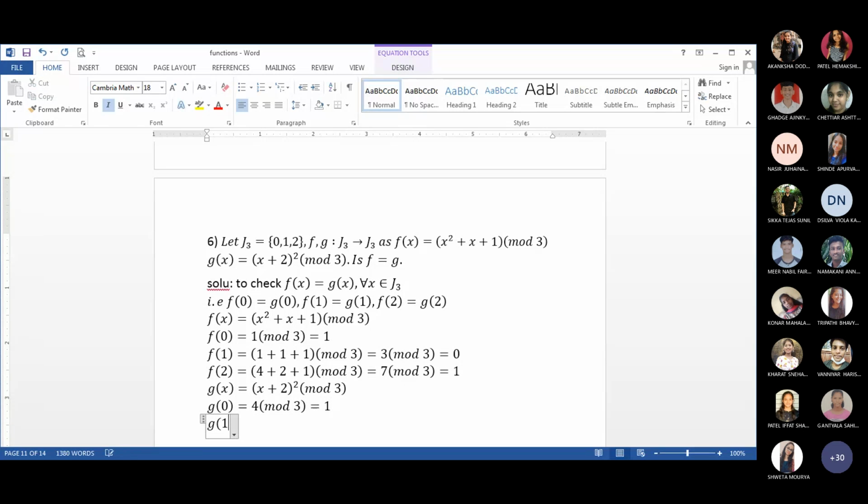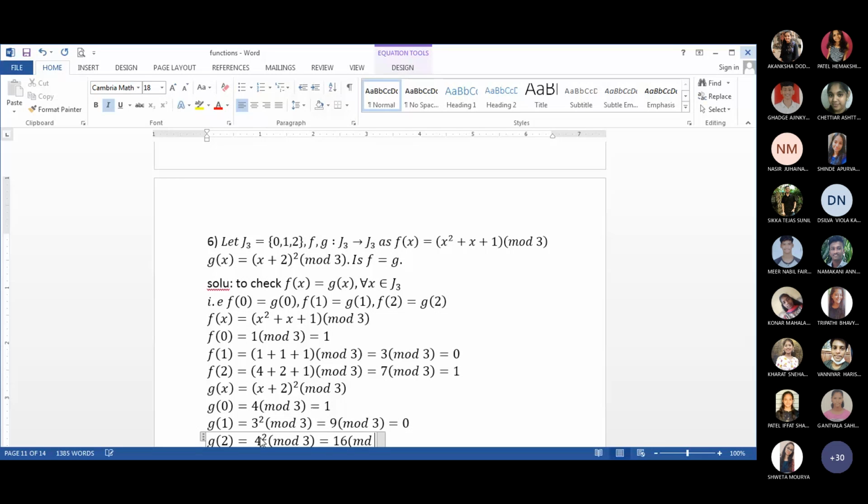g of 1 how much will it be? Putting x as 1 gives the square of 3 mod 3, and the square of 3 is 9. 9 mod 3 is 0. Then g of 2 means putting x as 2 gives the square of 4. The square of 4 is 16.